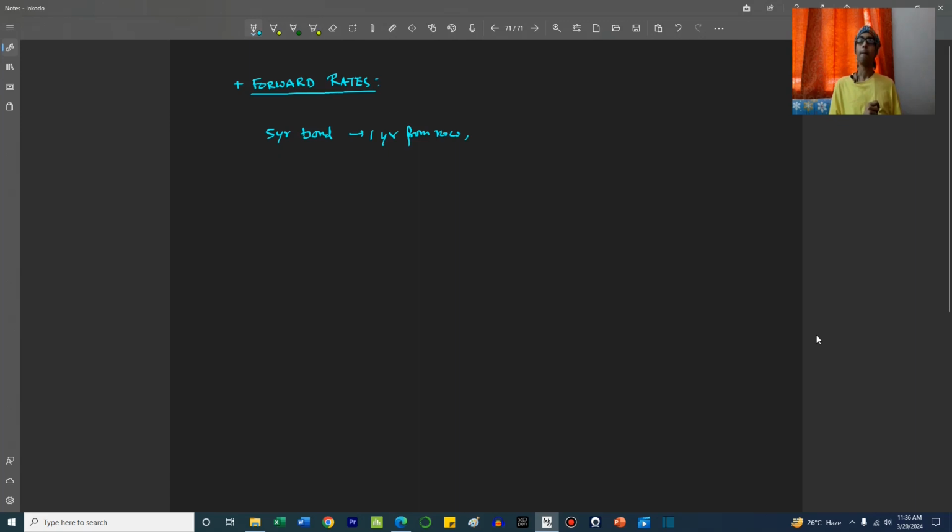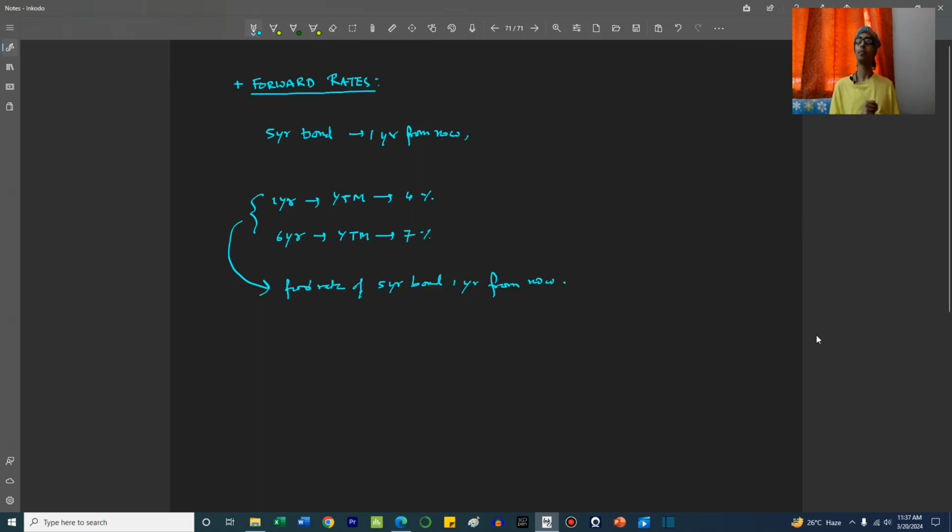Let's say a 1-year bond has a yield to maturity of 4%. A 6-year bond has a yield to maturity of 7%. Now from these two pieces of information, we can find out the forward rate of a 5-year bond 1 year from now.